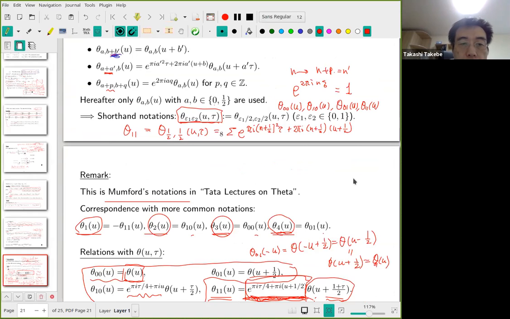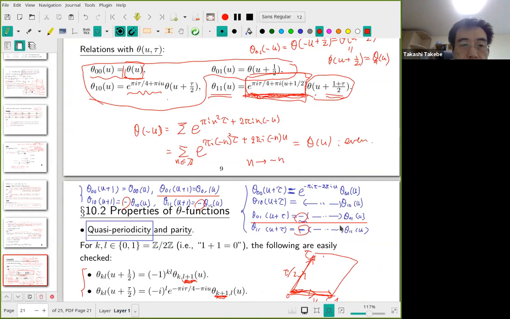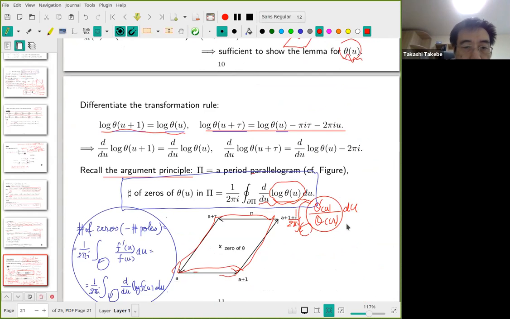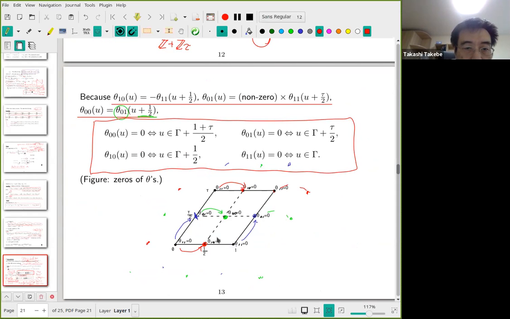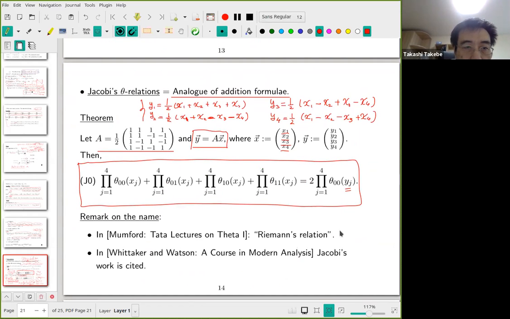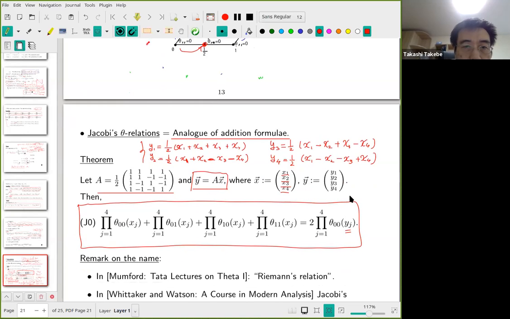But theta functions have a good periodicity like this. And we know where their zeros are. And using those properties, last time we proved this quite non-trivial equation of Jacobi's theta relations.